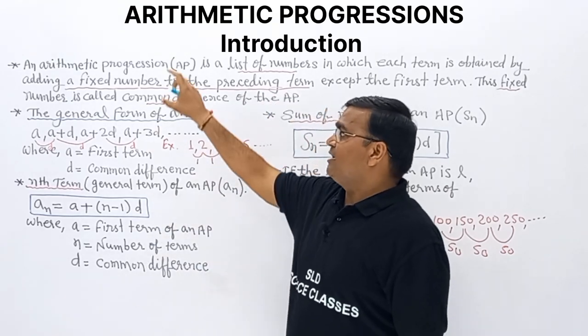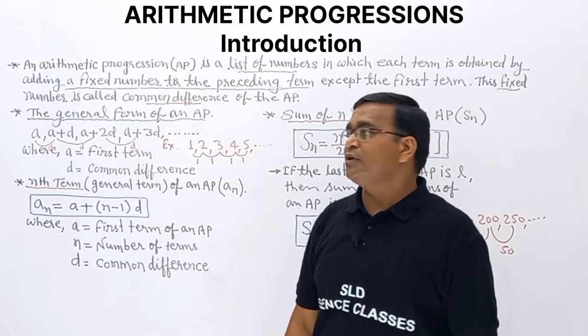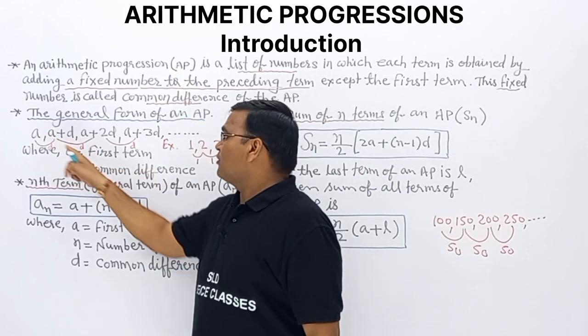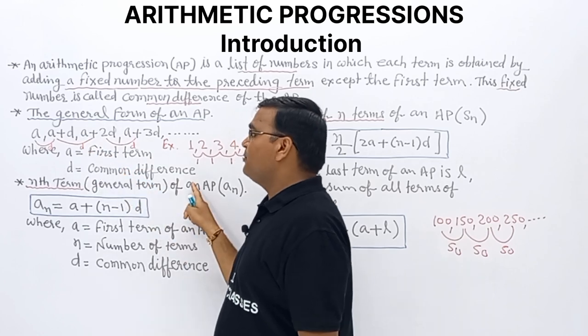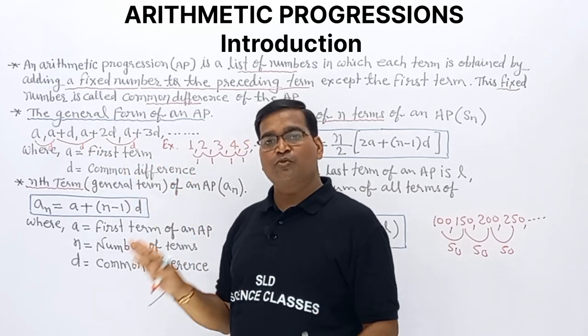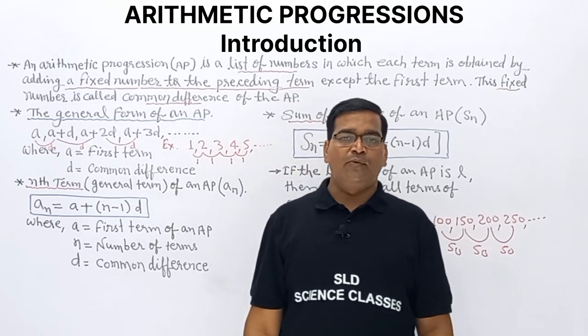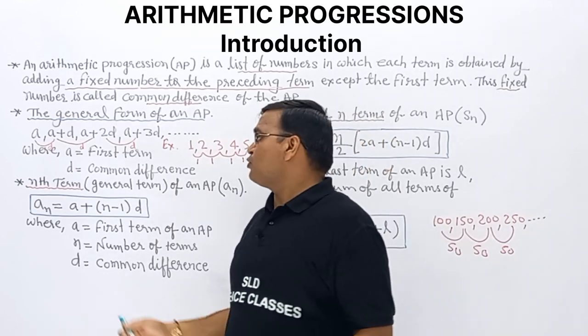Simple. So we understand the meaning of arithmetic progressions, the general form of an AP, where A is the first term, D is the common difference, and how we will find the common difference.